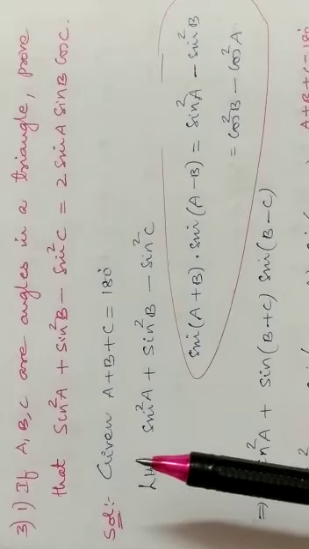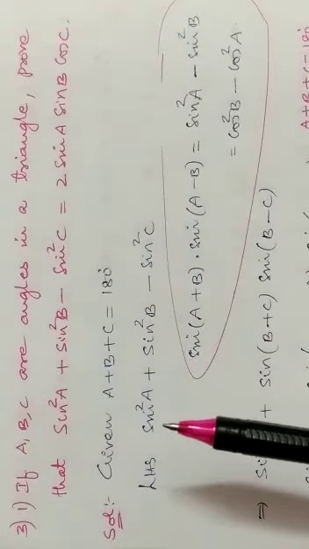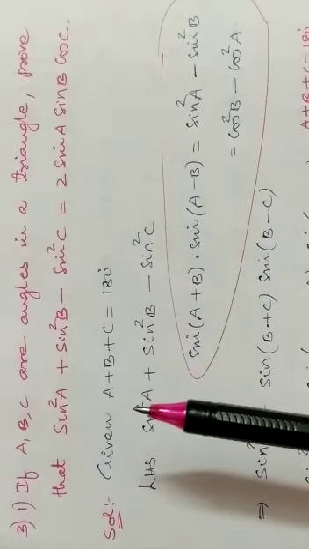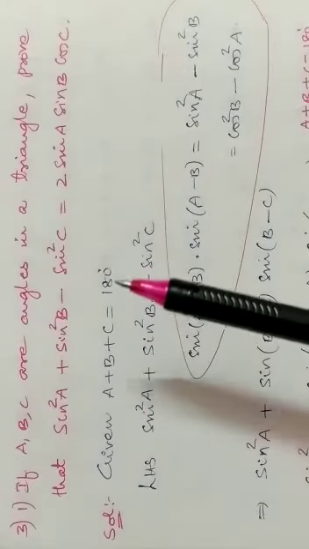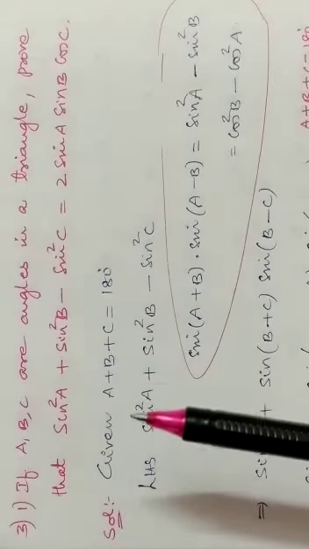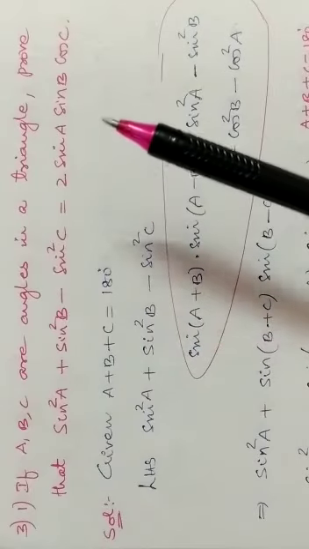Given ABC are angles in a triangle, means sum of three angles is 180. So A plus B plus C equal to 180. By taking LHS, I shall draw RHS.